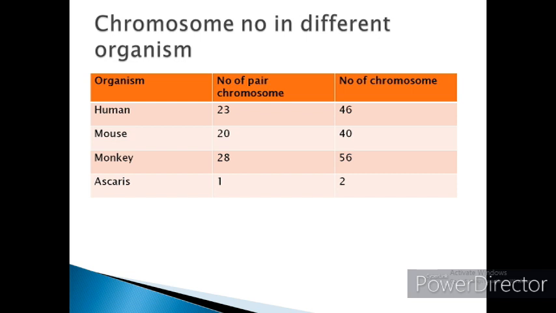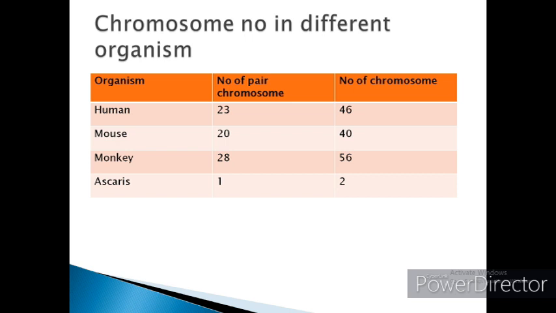Now to understand more about genetics, we also have to understand the number of chromosomes that are present. They are as given here. Different organisms have different numbers of chromosomes. In human beings there are 23 pairs of chromosomes, and 46 chromosomes.